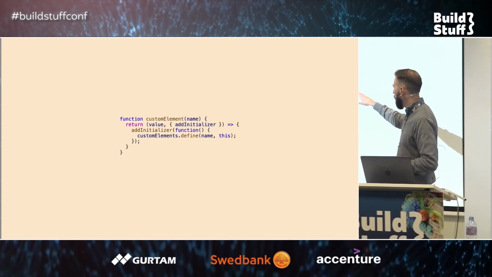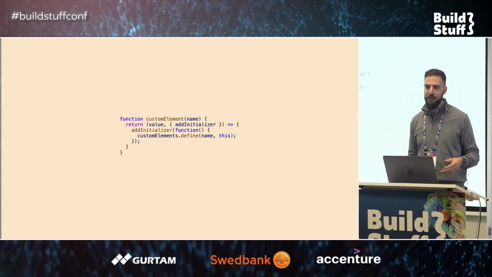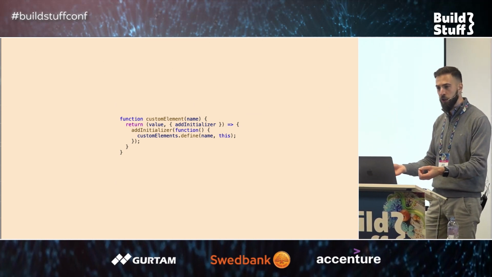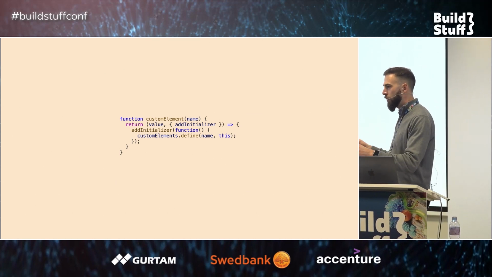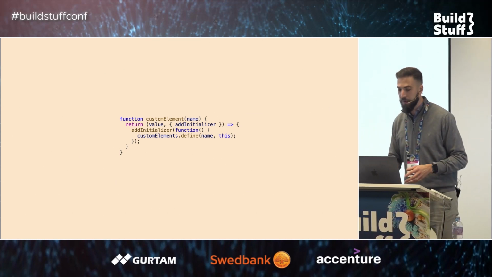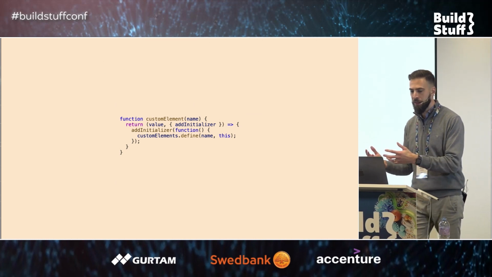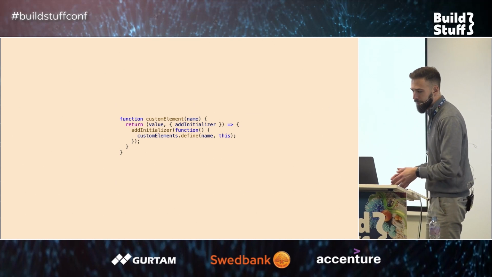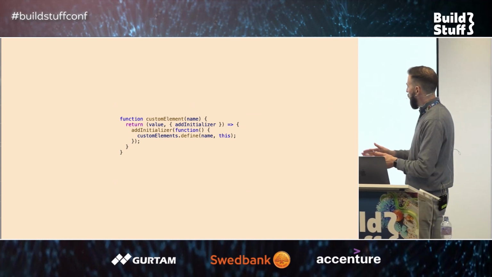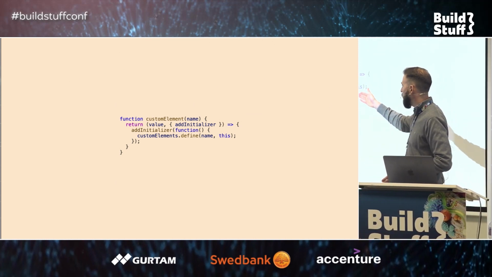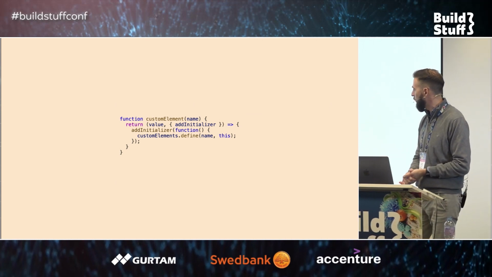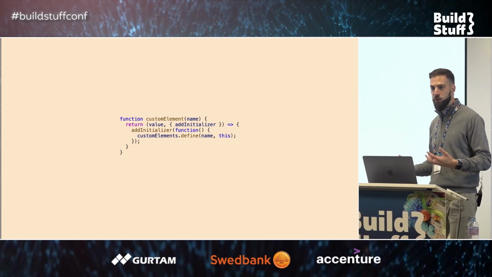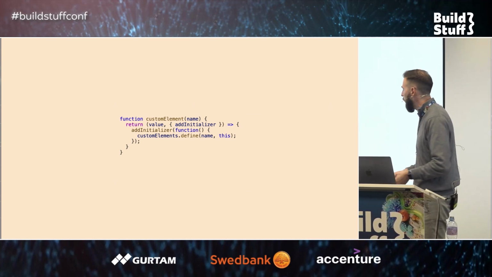Now in here, we're going to use the addInitializer. AddInitializer we can use to register a callback function that is run after the decorated entity has been initialized. In this case, this is going to be the class. So we add this initializer callback function, and then we just say customElements.define. That's how you define a new web component to use inside of your application.